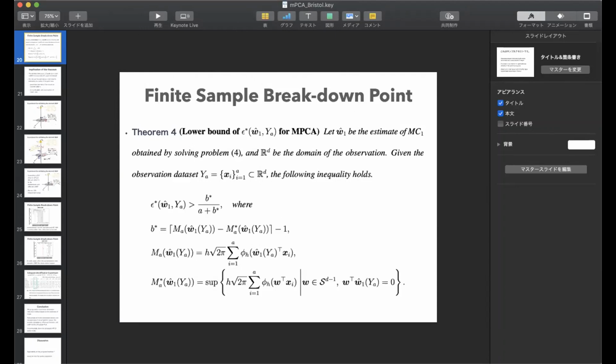Is it? Am I correct? So yeah, we may be able to estimate it, but the question is, what's the definition of an outlier in practice? Do we have some models? In the case of standard PCA, we have some models like Gaussian. Yes.